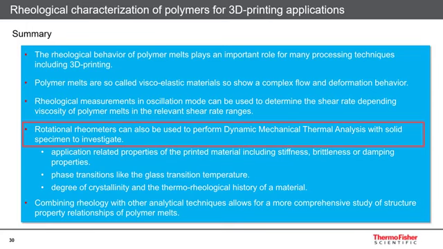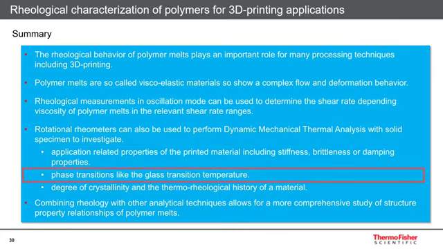And besides the determination of viscosity, rotational rheometers can also be used to perform dynamic mechanical thermal analysis with solid specimens. And those obtained results are usually used to investigate application-related properties of the printed part, and that includes stiffness, brittleness, and damping properties.